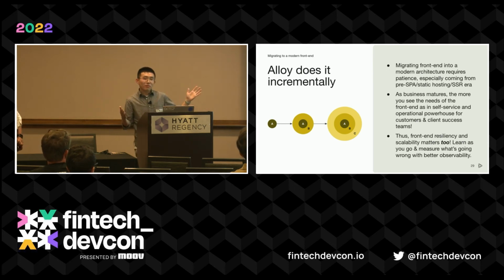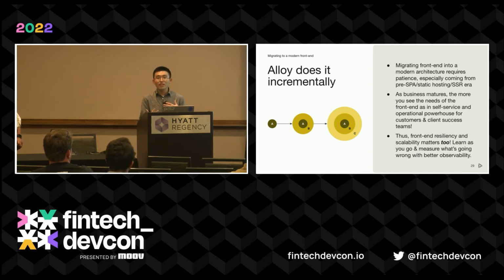As your business matures, the more you see the need for such aspects, self-service, operational insights, and powerhouse tooling for your customers and client success teams. This will be the critical thing you have to spend time on.